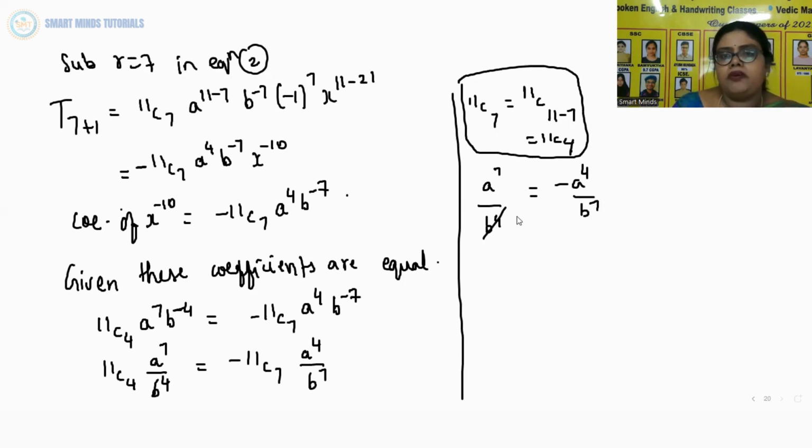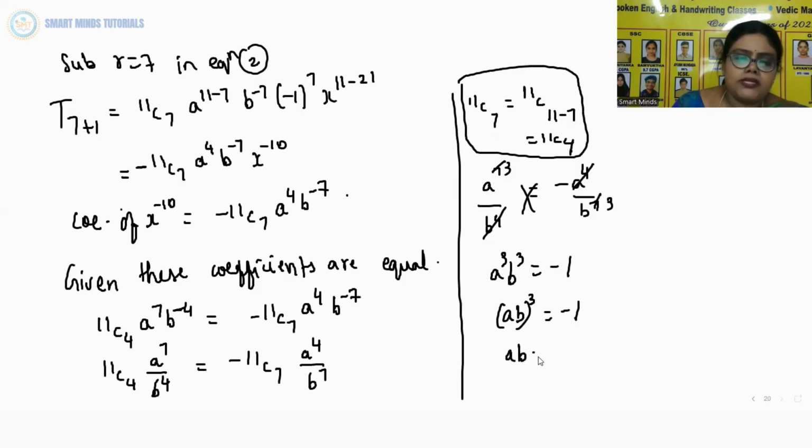So b power 4 cancels, a power 4 cancels. If you cross multiply, a cube b cube is equal to minus 1, or ab whole cube is equal to minus 1. So ab is equal to minus 1. This is the relation we got.